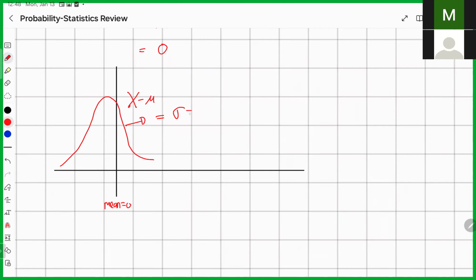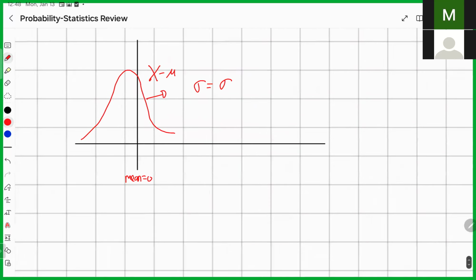So this is our standard deviation now. How do we obtain a standard deviation equal to 1? We have to divide x by this standard deviation to make it 1.